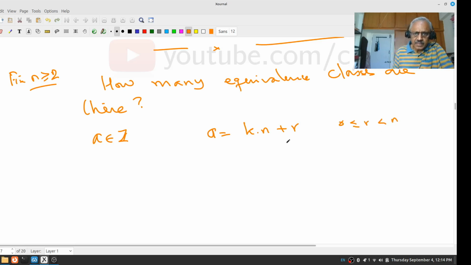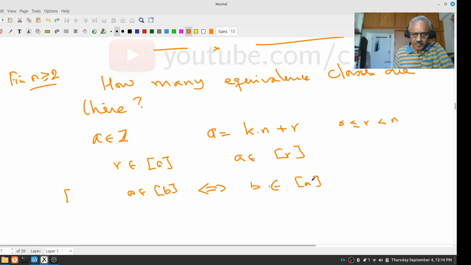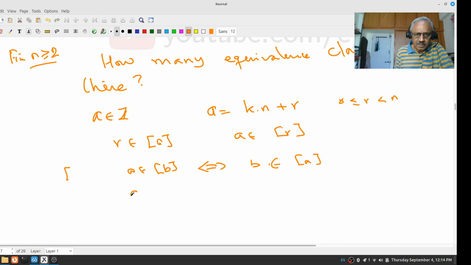Now notice that this shows r is in the equivalence class of a, or a is in the equivalence class of r. The same, right? A belongs to the equivalence class of b if and only if b belongs to the equivalence class of a. Why? This means a minus b is a multiple of n, which happens if and only if n divides b minus a, but that means b is in the equivalence class of a.